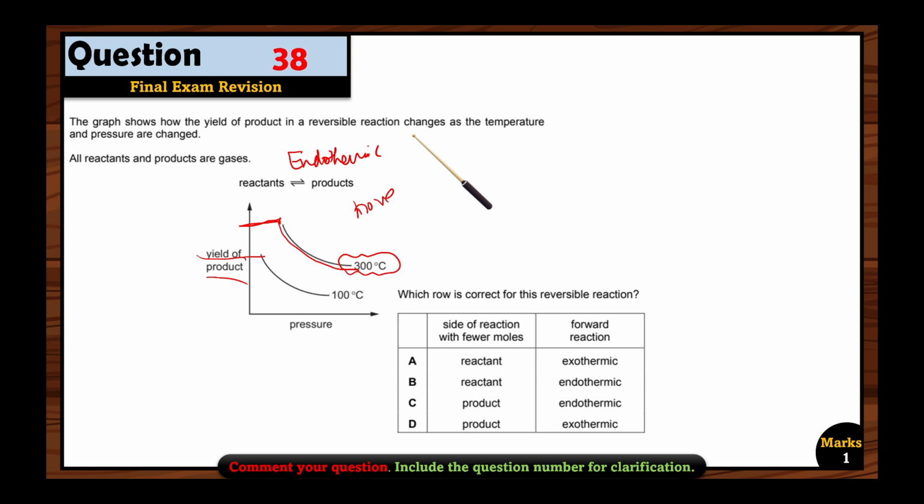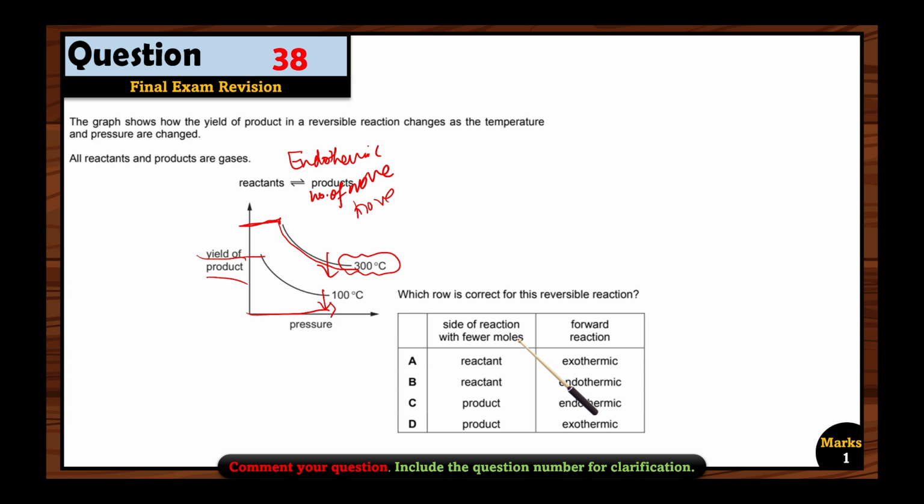But what about the pressure? If you see the pressure is increased, the yield of the product is getting smaller in both reactions. It means the product has more moles. If the products have more moles, they are not favored by high pressure. So let's see now the side of the reaction with fewer moles.